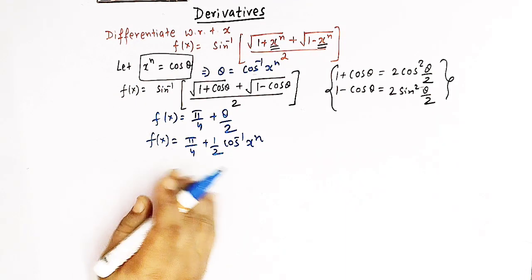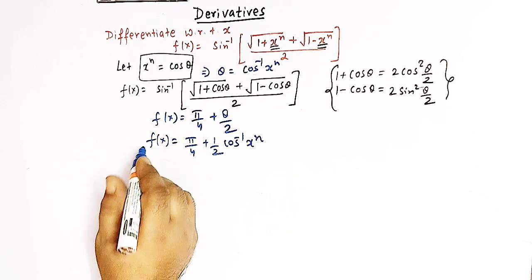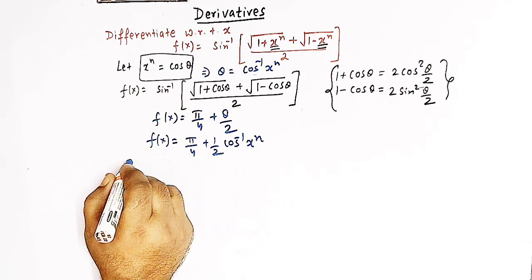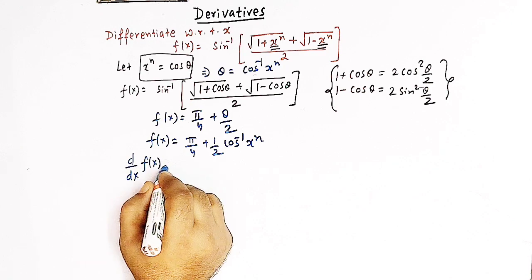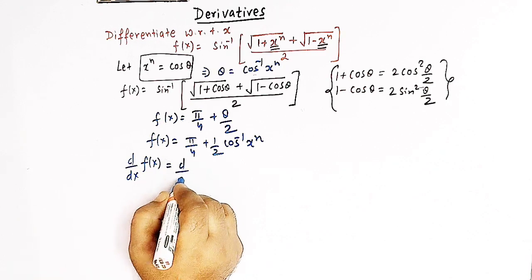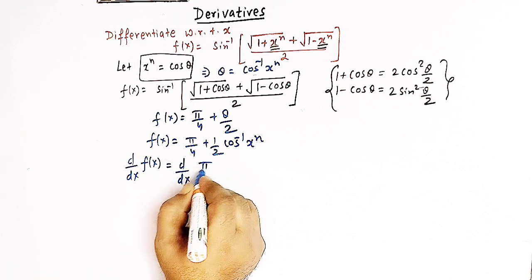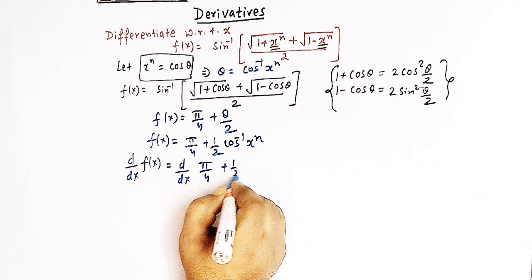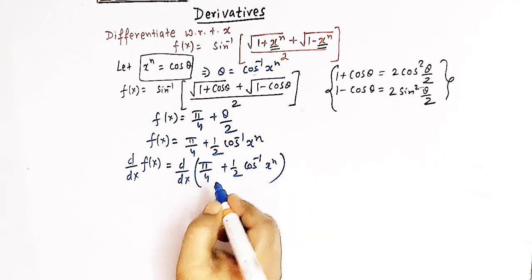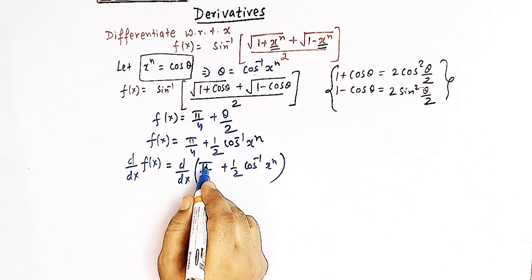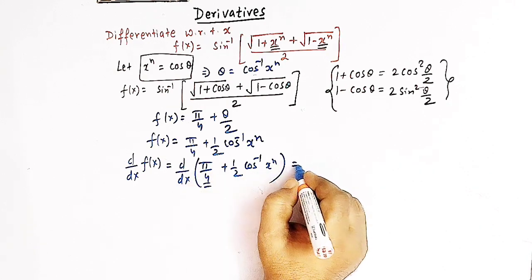Now we have to find the derivative of f of x with respect to x. So let us differentiate f of x with respect to x. We have d by dx of pi by 4 plus half cos inverse x raised to n. Now pi by 4 is a constant, and the derivative of a constant is 0.